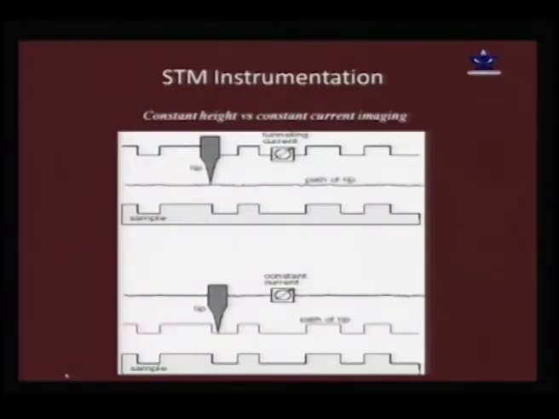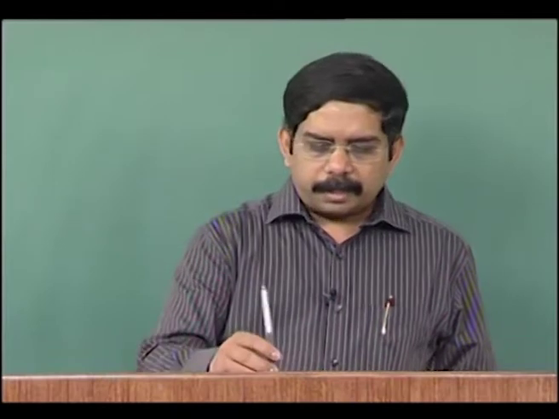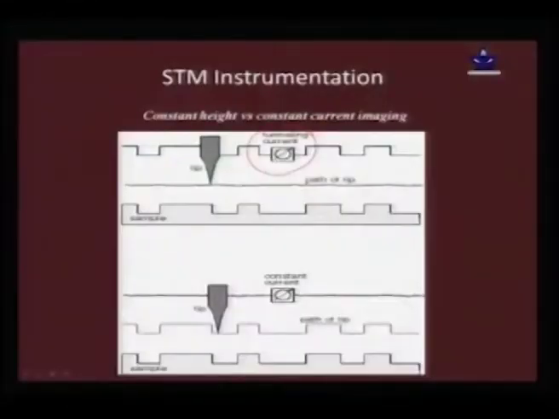In terms of instrumentation, I have told you there are 2 approaches. One is the constant height approach, the other is constant current imaging. If you have the constant height approach, then you are actually varying the tunneling current. You keep the distance constant and you only vary the tunneling current.